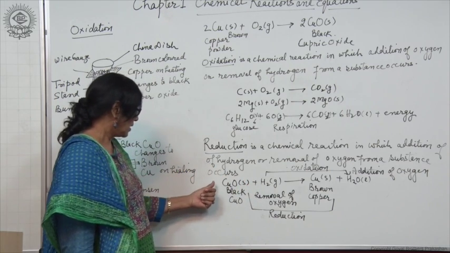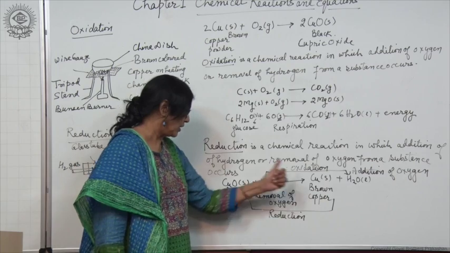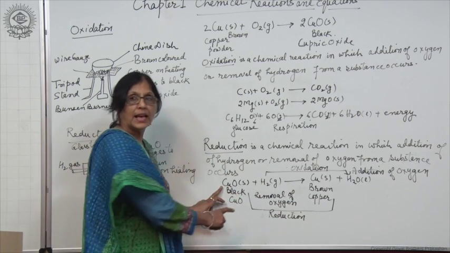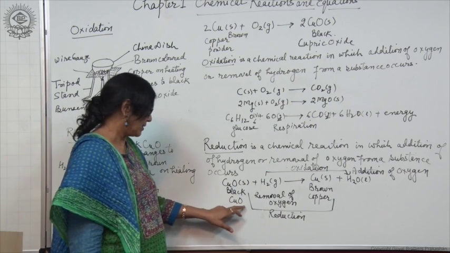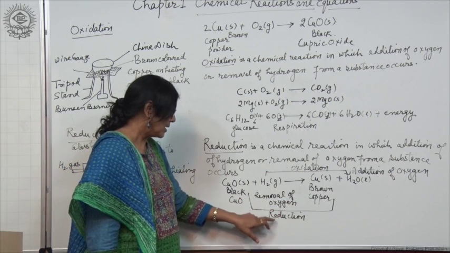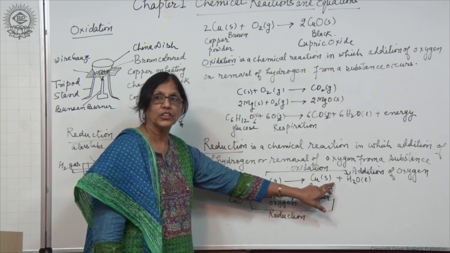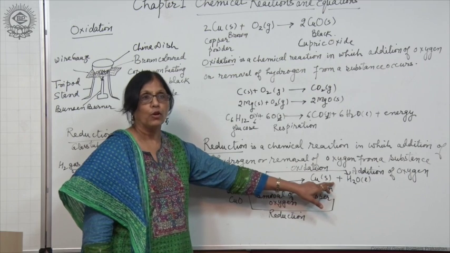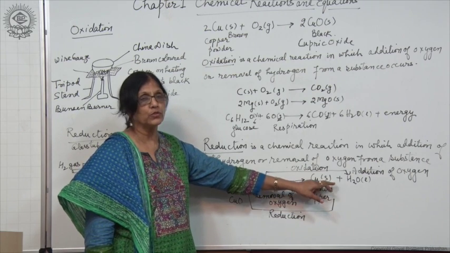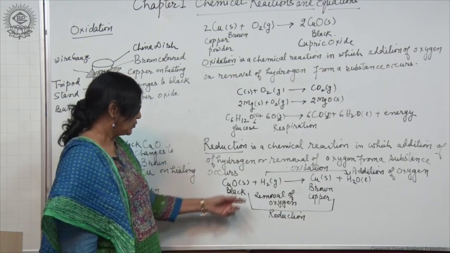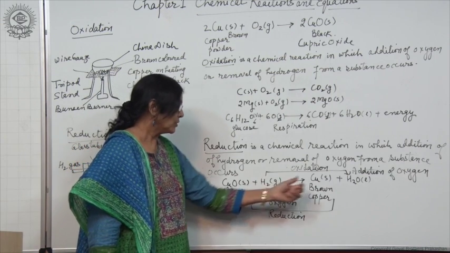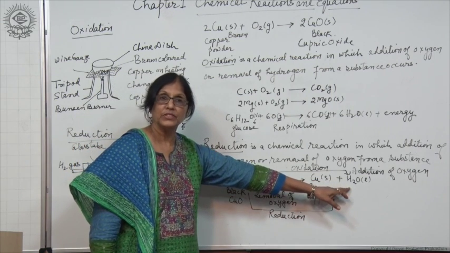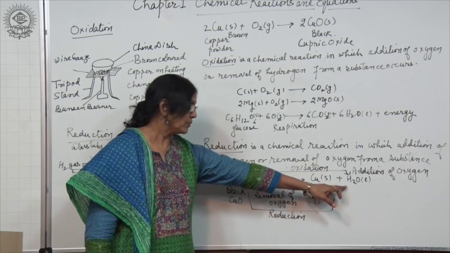Now here in this particular reaction you can see copper oxide has changed to copper. In this case removal of oxygen has occurred and reduction has taken place. Copper oxide is being reduced to copper. Now see the case of hydrogen. Hydrogen forms water. What happens in this case? Have you observed?